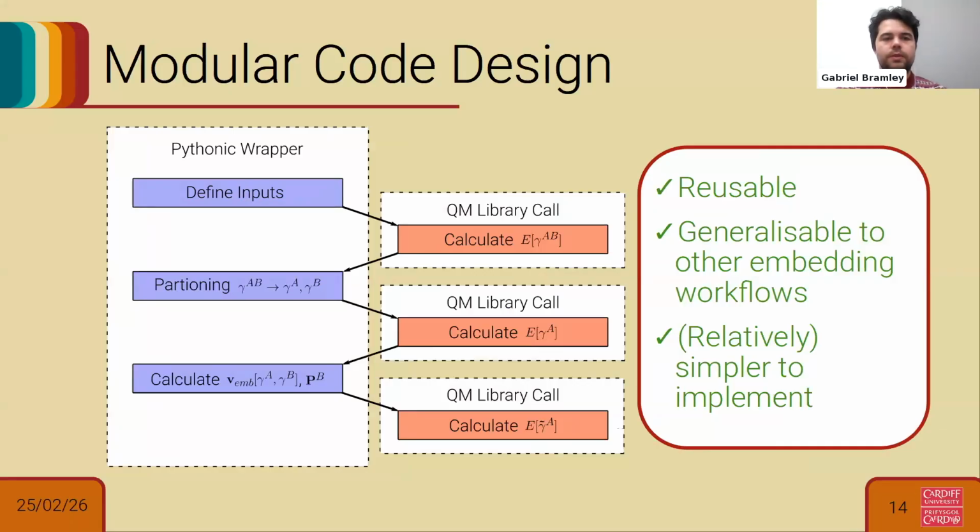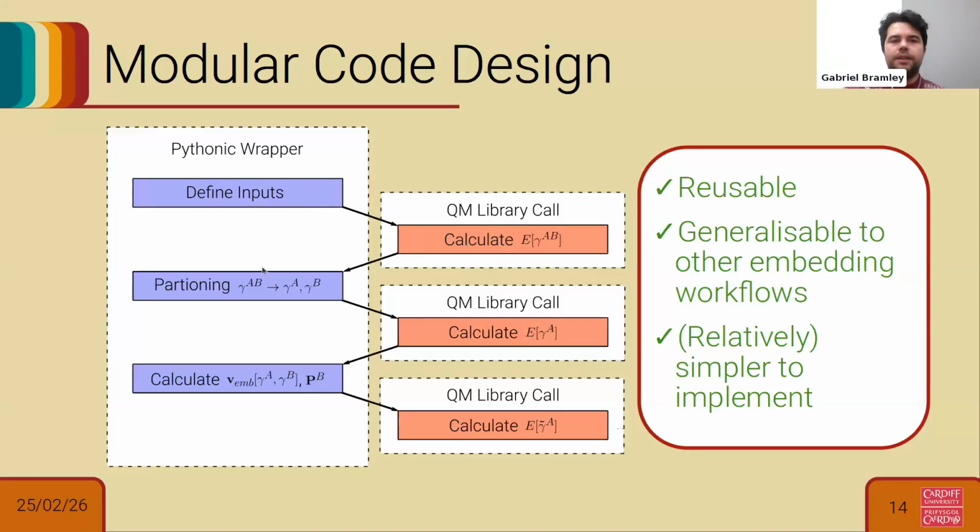So instead, what we've done is we've gone for a Pythonic style wrapper where we define our inputs using something like ASE, and then we use a C-based interface, which I'll come into later, to call FHI-aims as a library. So we can then calculate the supermolecular system.